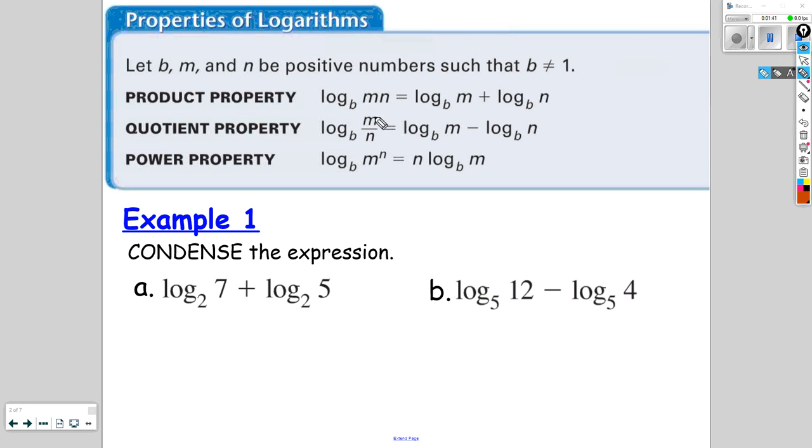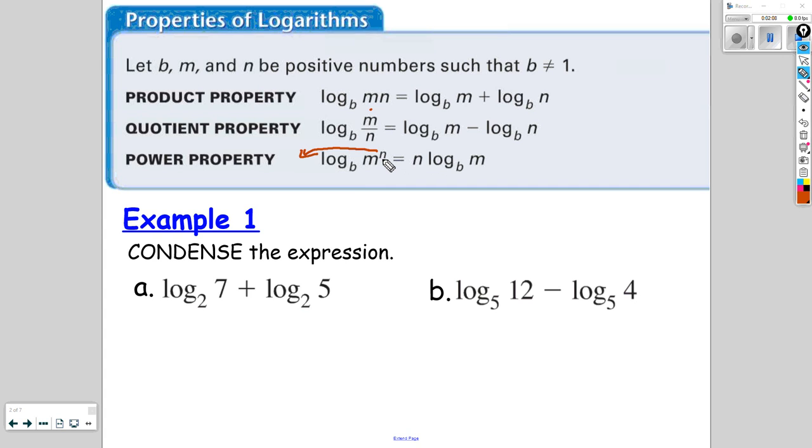All right, the quotient property would state that log base b of m over n would just be log base b of m, what was in the numerator before, minus log base b of n, what was in the denominator. All right, and then the power property, log base b of m to the nth power, we could rewrite as n times log base b of m.